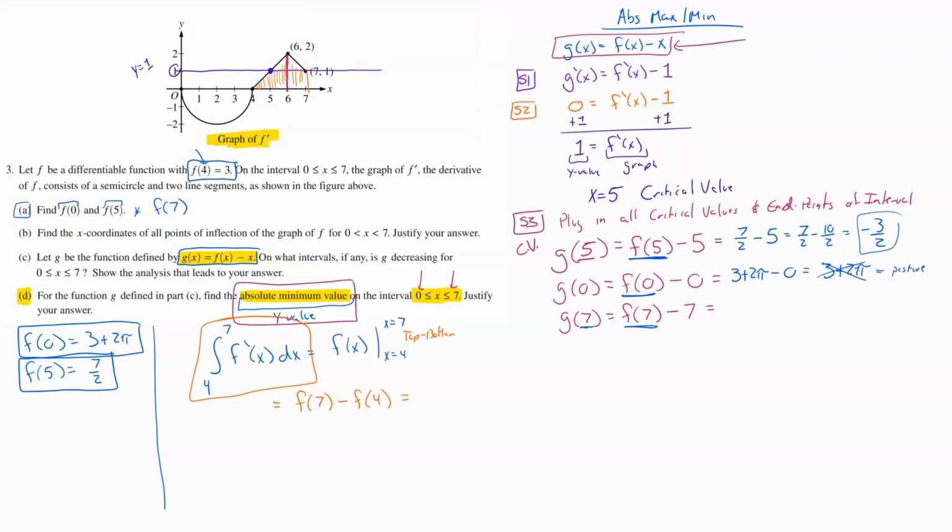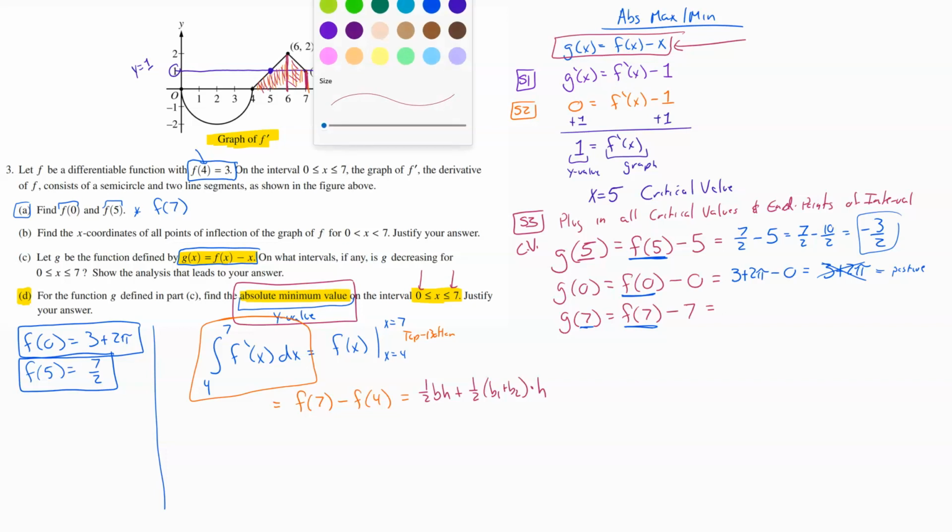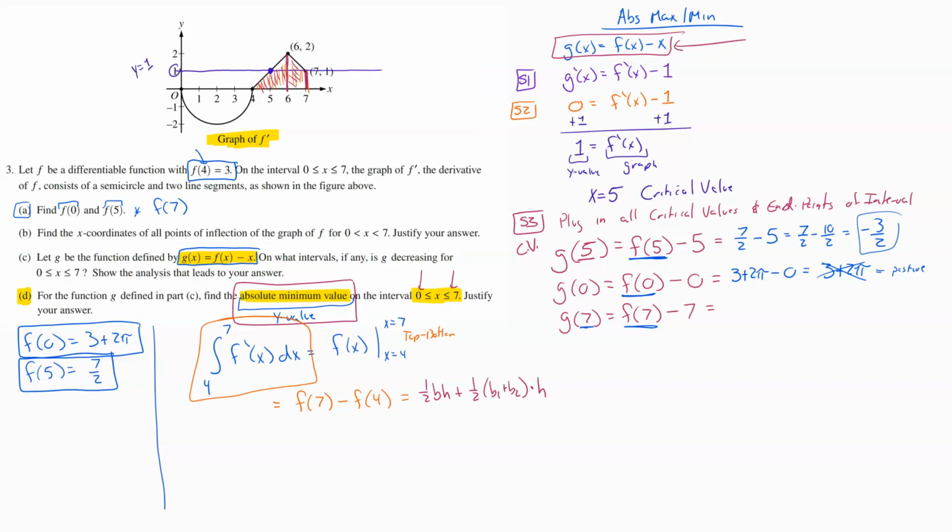So if I split this down the middle here at 6, I have a triangle on this side, and on this other side, I've got a trapezoid. So I've got a 1/2 base times height plus 1/2 base 1 plus base 2 times the height. That's the area of a trapezoid formula. You better know that like the back of your hand because you might run into a trapezoidal Riemann sum on a test at this point.